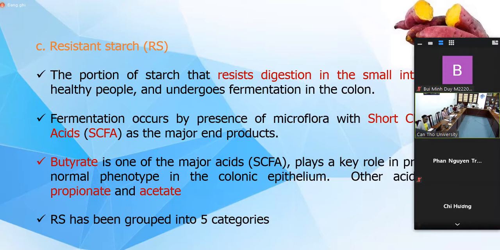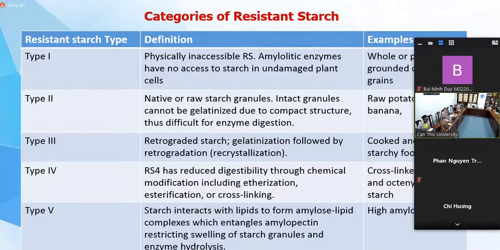Resistant starch can be categorized into five groups. Type 1 is physically inaccessible, mostly found in whole and partially ground cereal grains. Type 2 is native and raw starch granules, mostly found in raw potatoes and green bananas. Type 3 is retrograded starch, which is found in cooked and cold starchy foods.